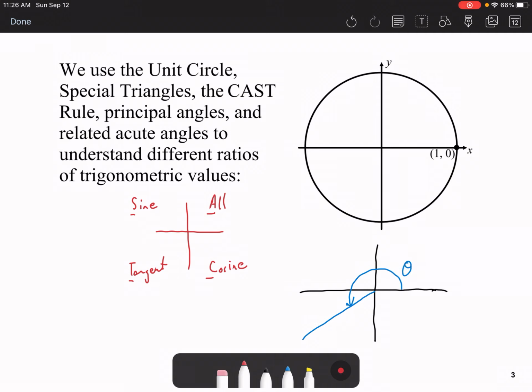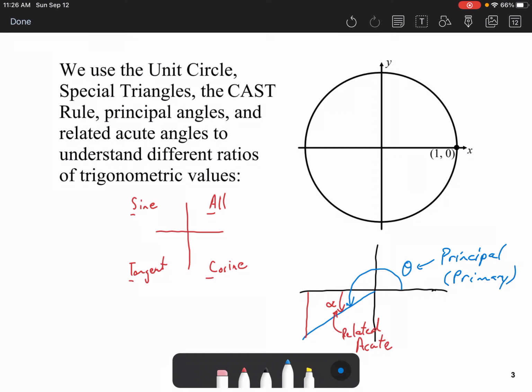It relates to another angle, which is always represented as positive, and I'm going to call it alpha right here. This is my related acute angle. It's always positive, between the values of 0 and 90, whereas this one is usually called the principal. You may also call it the primary angle.